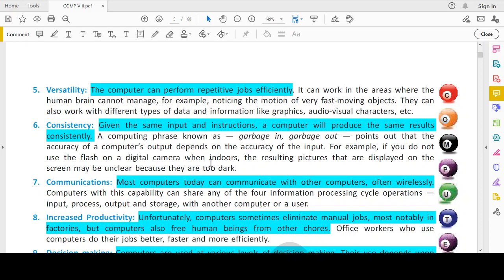So proper input will always give you proper output. You cannot expect to get 5 plus 2 if you give the input 5 plus 4. 5 plus 4 you have given, you will get the output of 5 plus 4, that is 9. If you expect to get 5 plus 2 and you give the input as 5 plus 4, it is not done. So given the consistent input, the result will be the same, right? It is consistent.